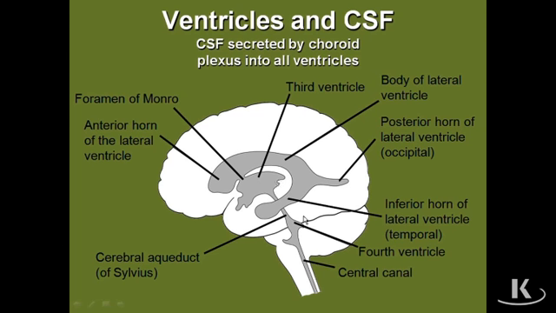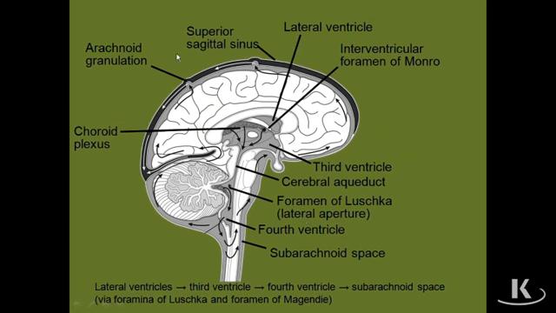In the next view, the point that has to be made next is, on an average day, we are producing 400 to 500 cc's of cerebral spinal fluid, but the total volume of the ventricular system and the subarachnoid space is only about 150 cc's.